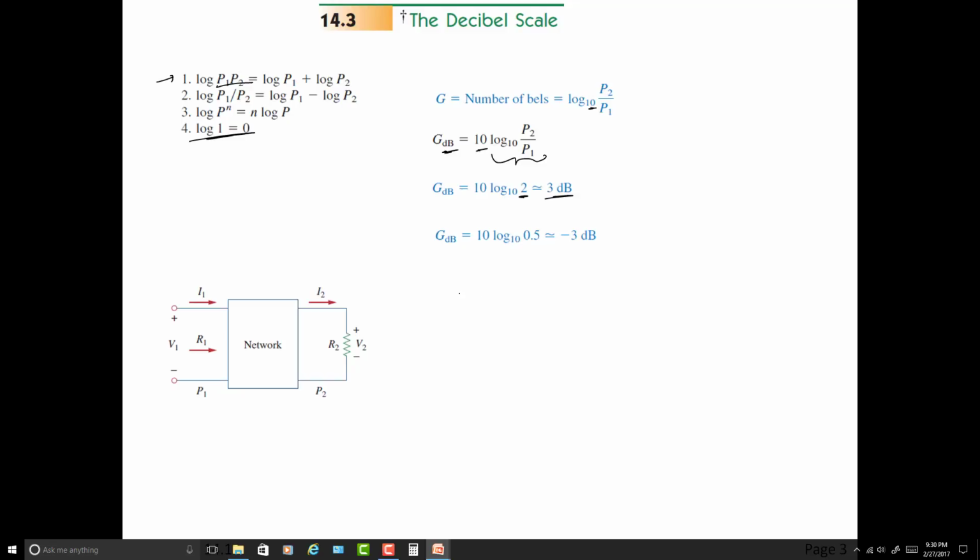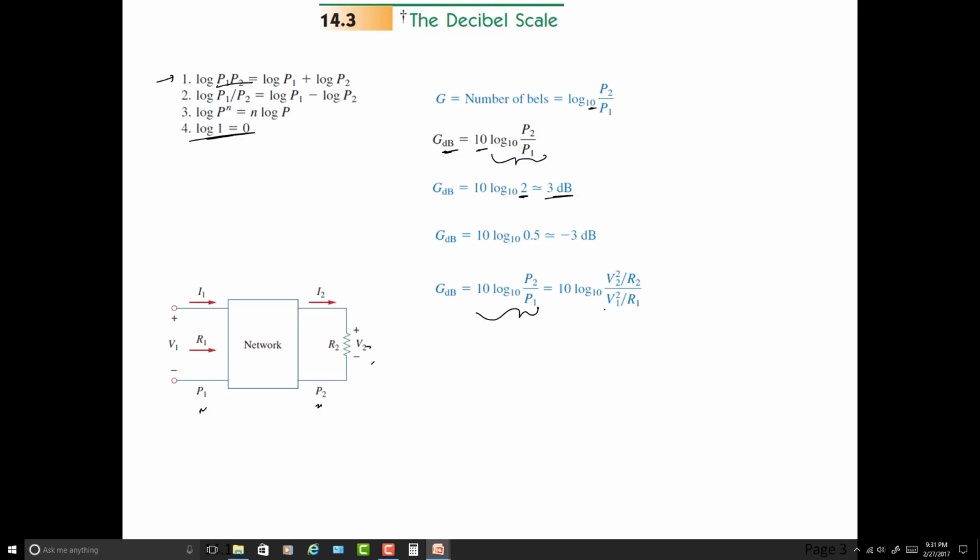If I look now at just a basic network, this is our 4-terminal network, and all the voltages, voltage 1, 2, current 1 and 2, are identified, but a transfer function is going to relate any 2 of them, right? So if we're relating power to power, this is our decibel function.